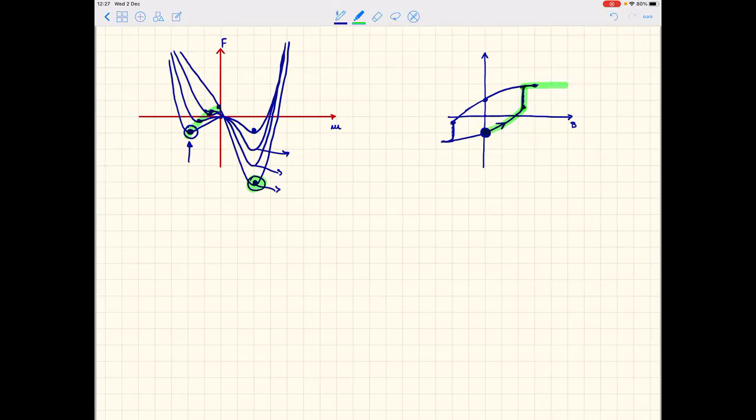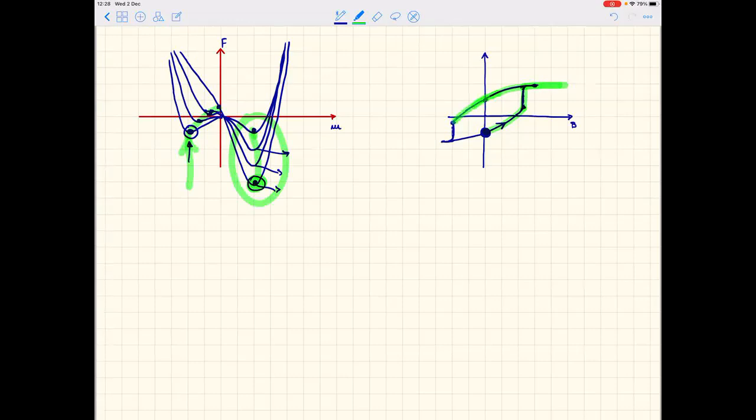If you now turn the magnetic field and start decreasing it, the system is going to move in this direction. It's going to stay in this minimum, and so on. And then everything is going to be symmetric. Then this one is going to be a local minimum, but the true minimum at some point is going to be the other one.